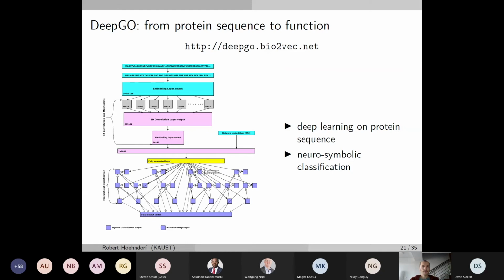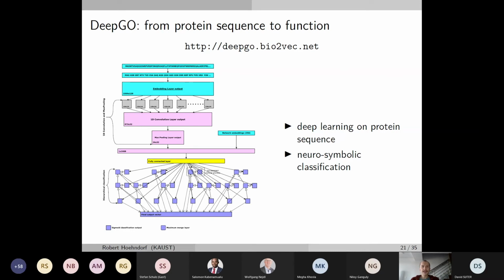And we have built a number of different models, DeepGO and different variations of this DeepGO model. It's also now 4 years old, DeepGO, specifically to output predictions of protein functions which are consistent with the gene ontology.